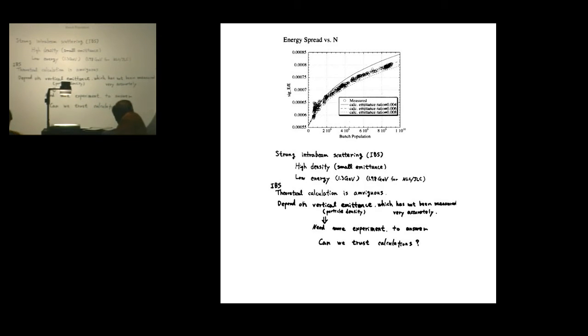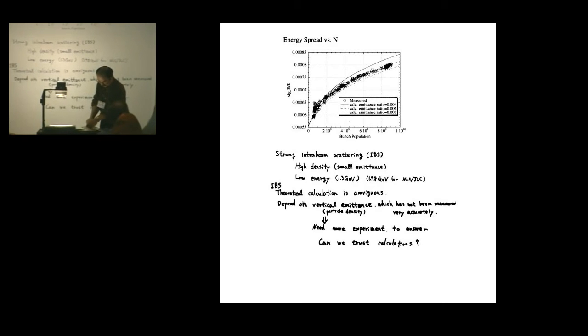And because the theoretical calculation of this effect is ambiguous, and it also depends on the vertical emittance we assume, which has not been measured very accurately, we need more experimental data to answer if we can trust the calculations and if we can calculate the emittance of the future damping rings.